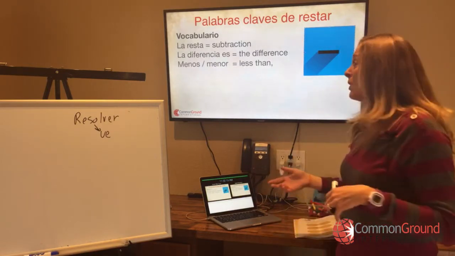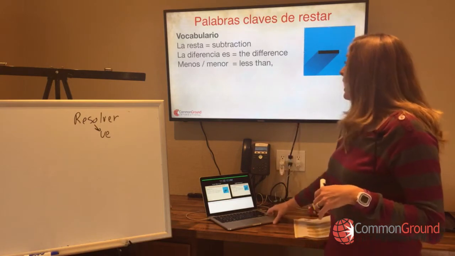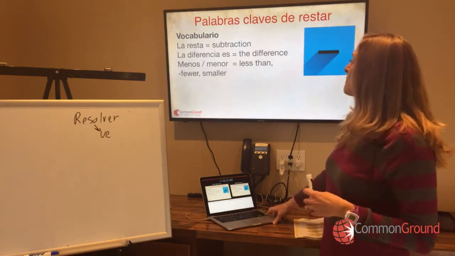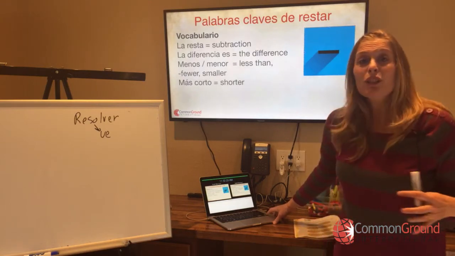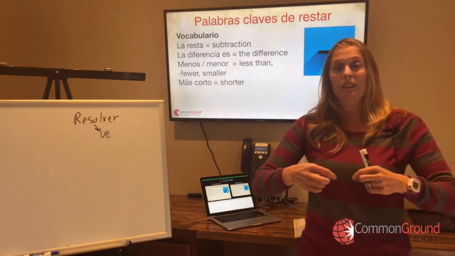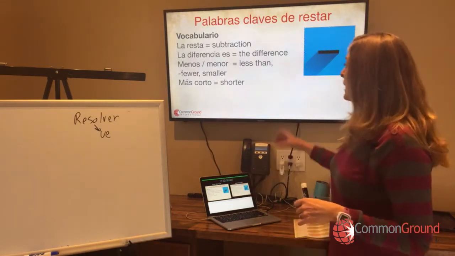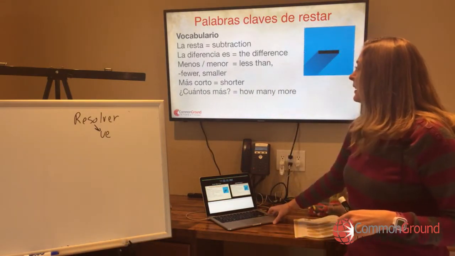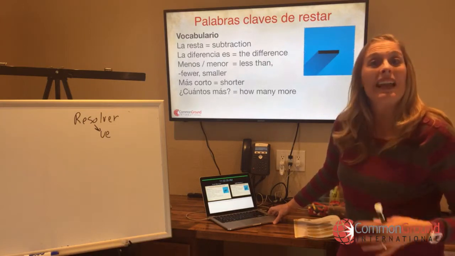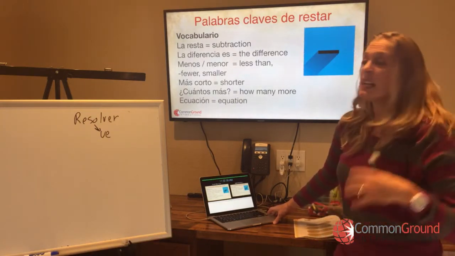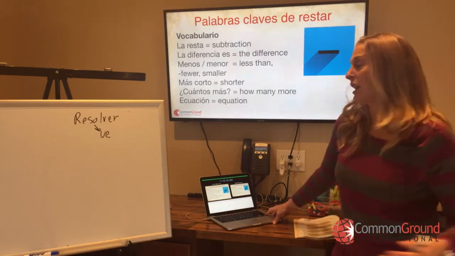Menos or menor could be less than, menor could be fewer or smaller. Más corto, shorter, cuando están hablando de la longitud, length, and measurement unit. Y cuántos or cuántas más, how many more. Y otra vez, ecuación is your equation that you're talking about.